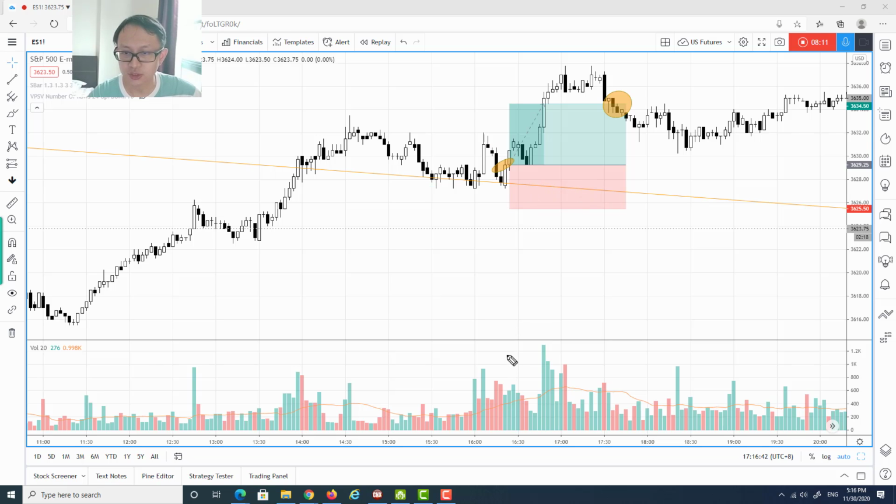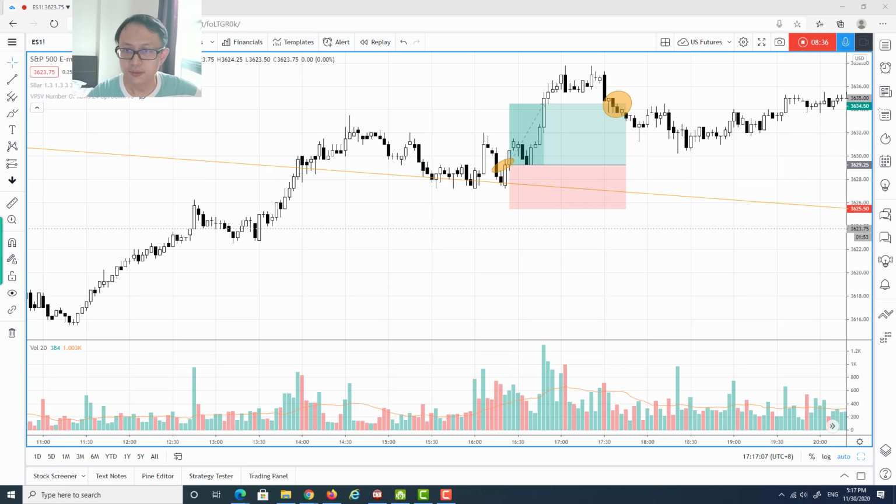That actually suggested there's quite a lot of volume there that belongs to the demand, unlike the previous candle right there, where a lot of supply pushed the price down. So what's stopping the price from falling further is demand. There's some demand coming in at this candle and at this volume bar.